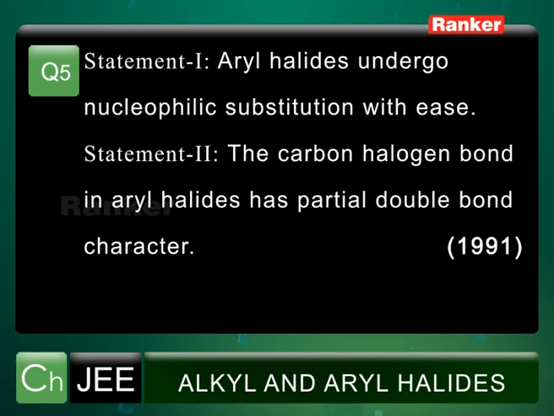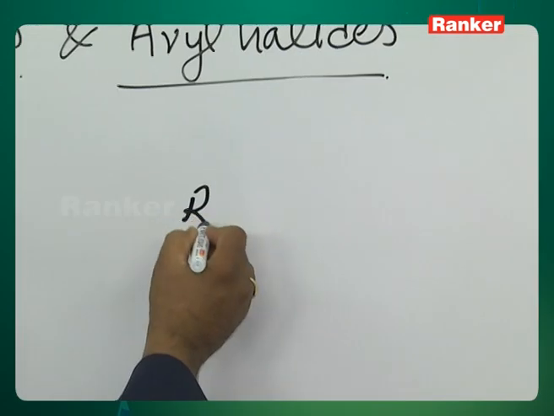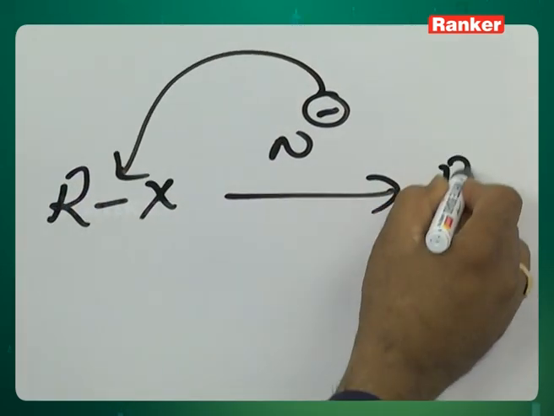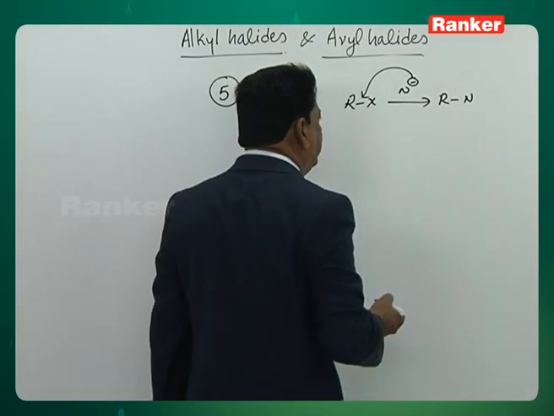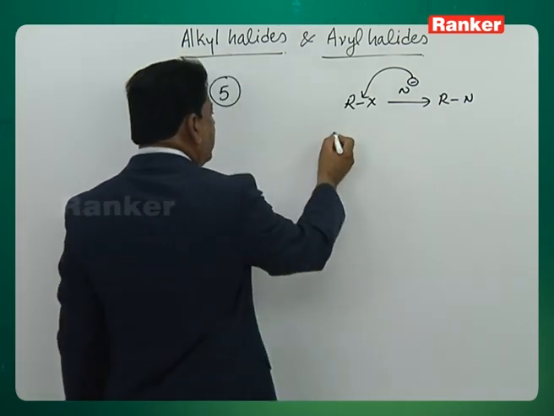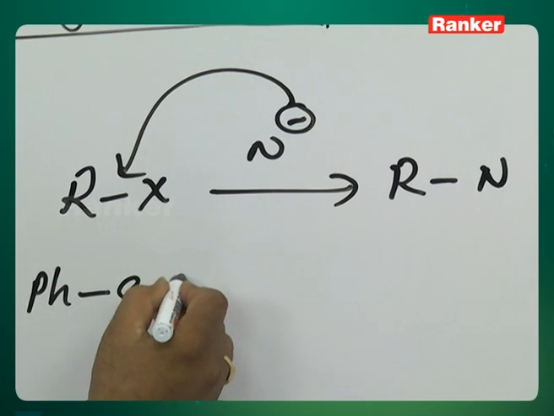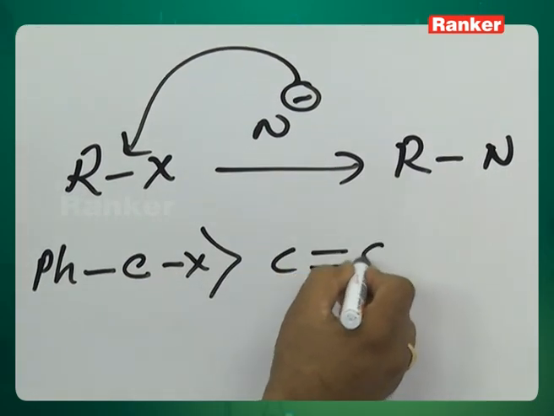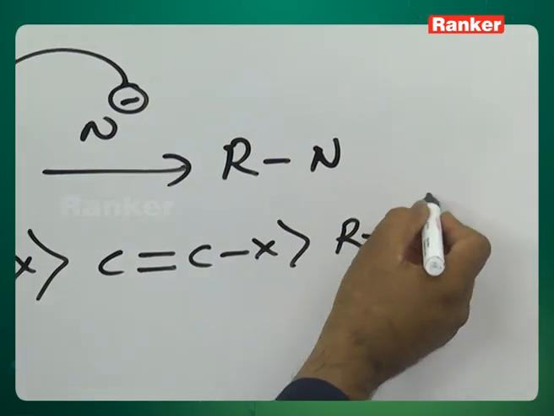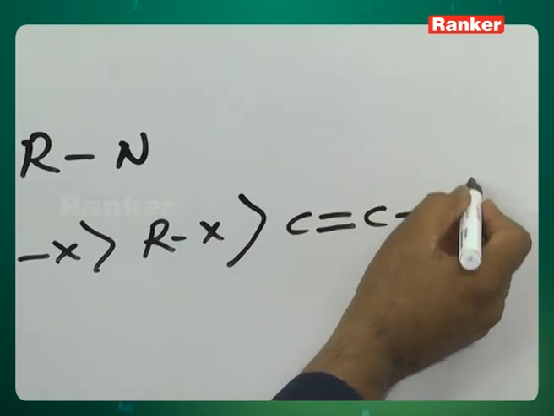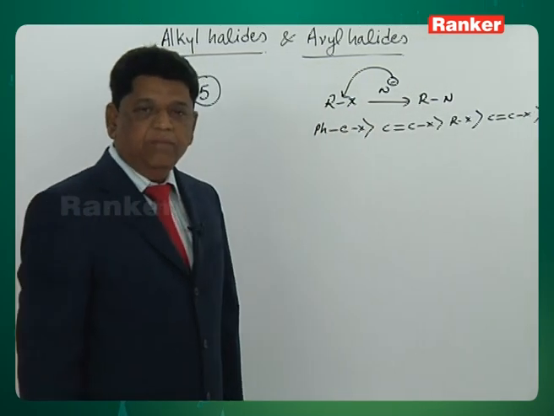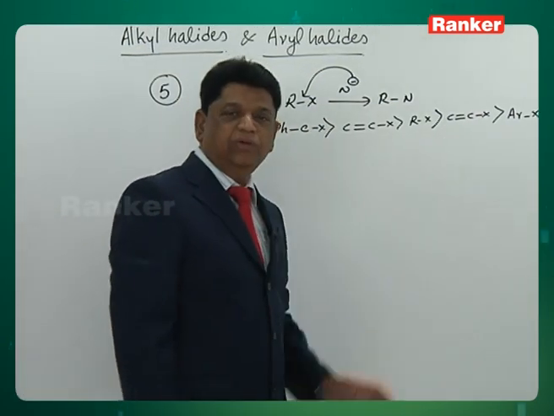Statement 1 is wrong, because in nucleophilic substitution of alkyl halides, benzyl halides come first, then allyl halides, then alkyl halides, within that 3 degree, 2 degree, and then the vinyl halide, then the aromatic aryl halides. But he says aryl halides undergo it easily, which is totally wrong.